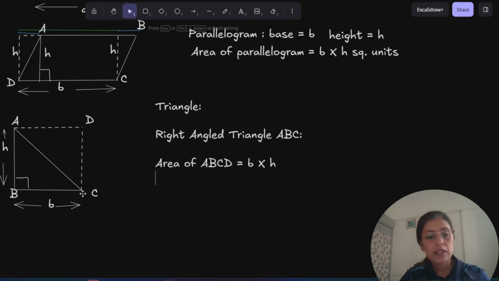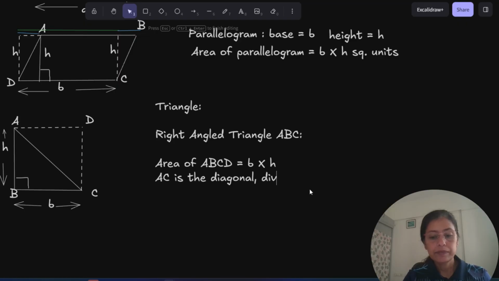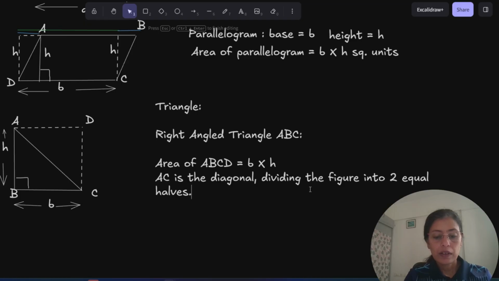Now if you see, this AC is the diagonal dividing this. Here it is looking like square, but in a real world scenario, it can also be a rectangle. So we'll say dividing the figure into two equal halves.